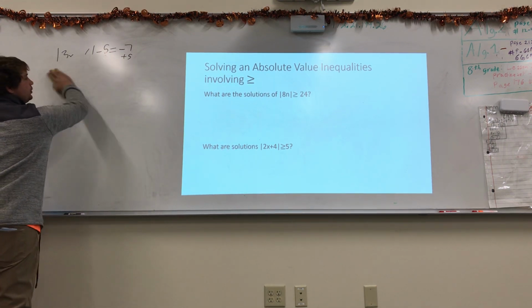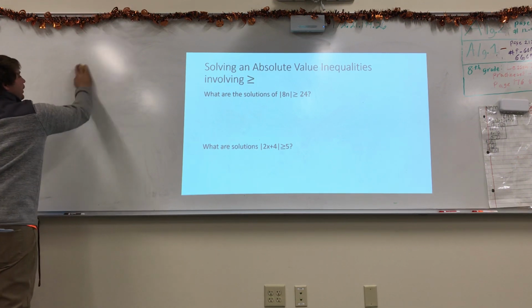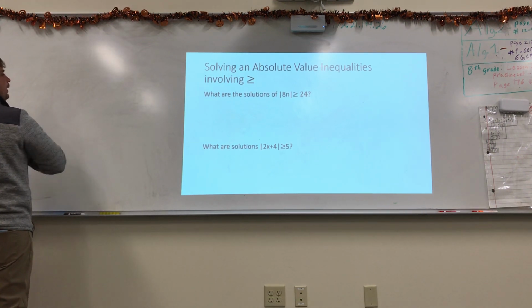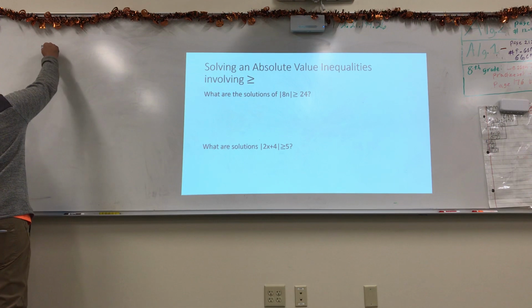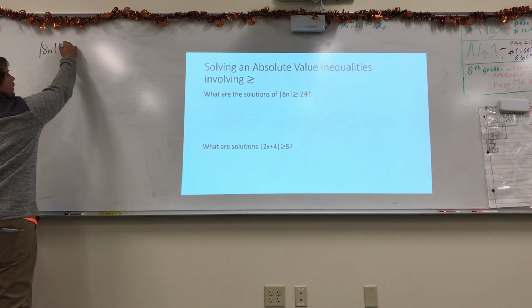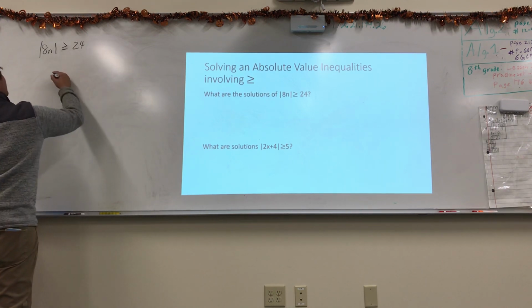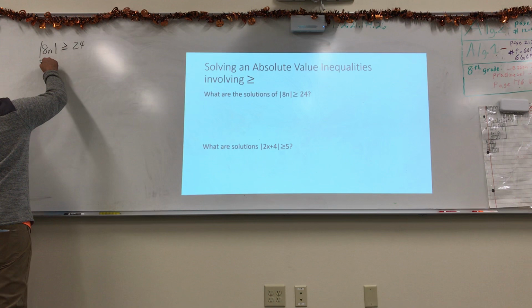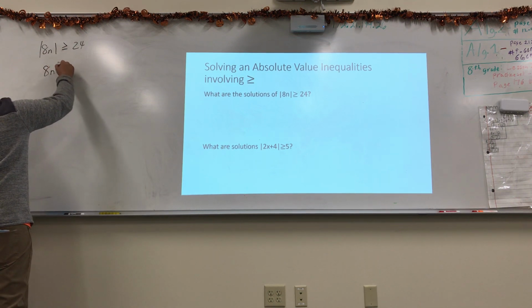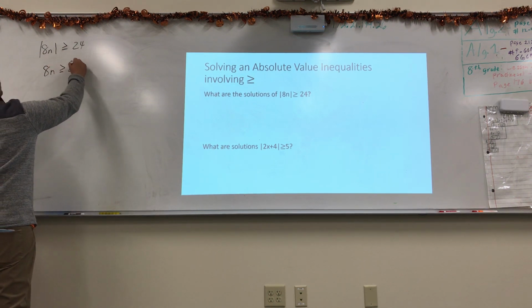What are the solutions? Now we have the absolute value of 8n is greater than or equal to 24. To get rid of that absolute value, it's just like that one equation we did earlier. You have 8n is greater than or equal to 24.